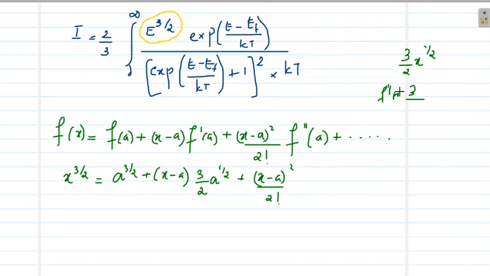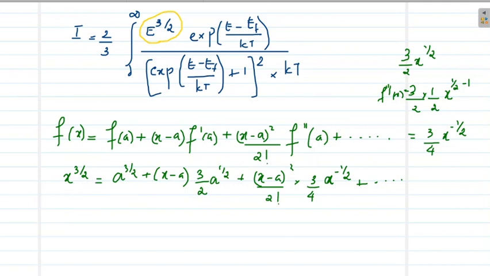F double dash of x will be 3 by 2 into 1 by 2 into x raised to 1 by 2 minus 1, which is 3 by 4 x raised to minus 1 by 2. So into 3 by 4 a raised to minus 1 by 2, f double dash of a plus etc. So this is the Taylor series expansion of the function x raised to 3 by 2.